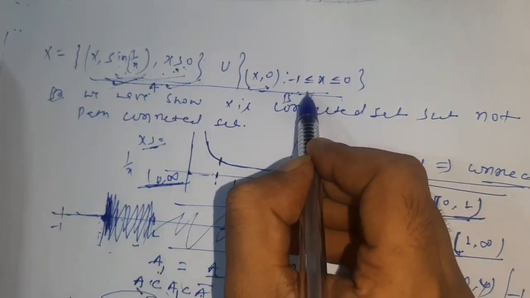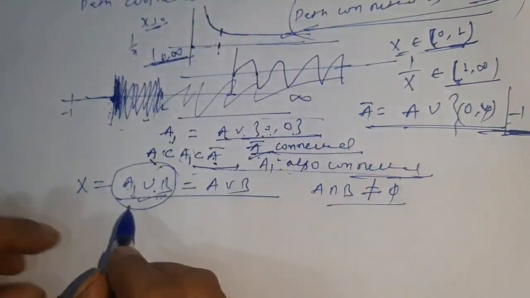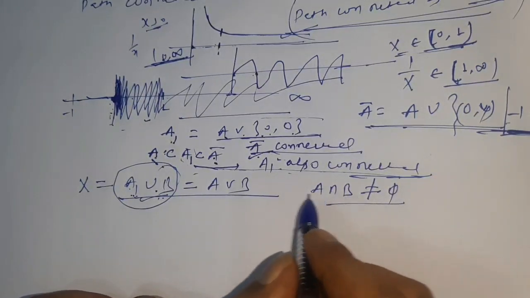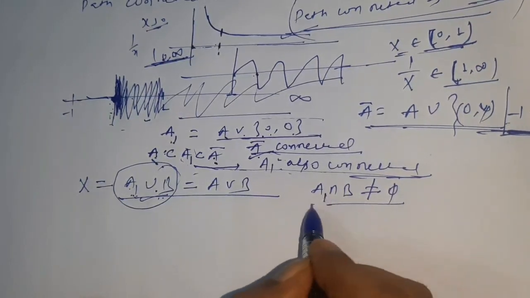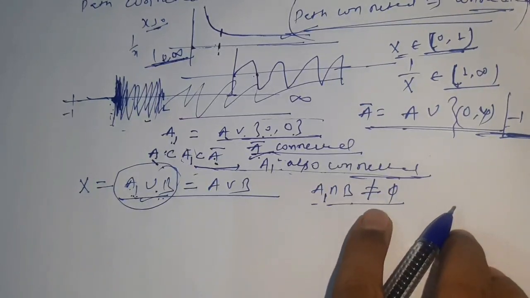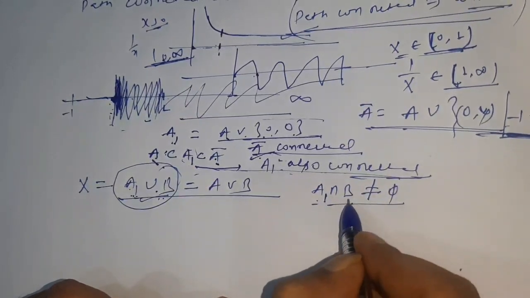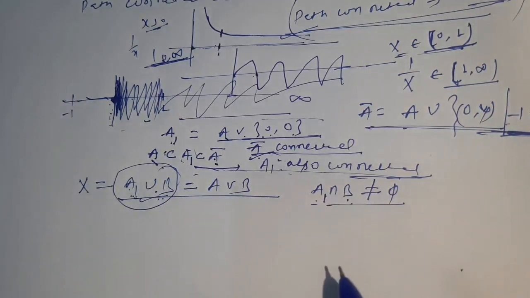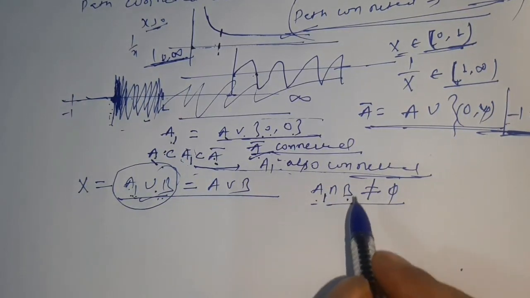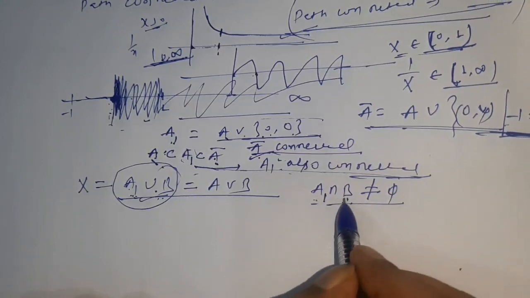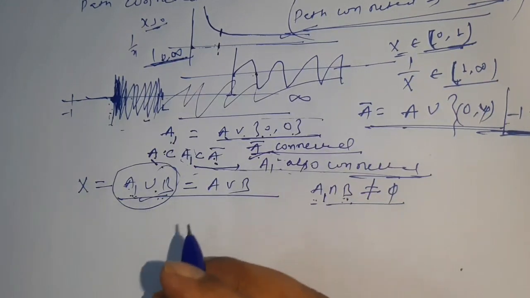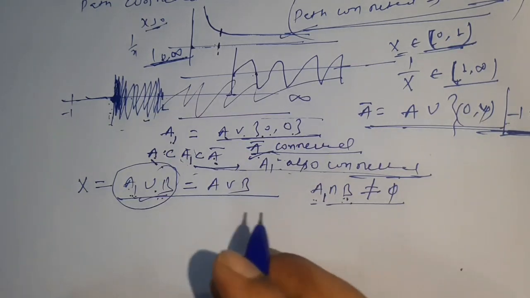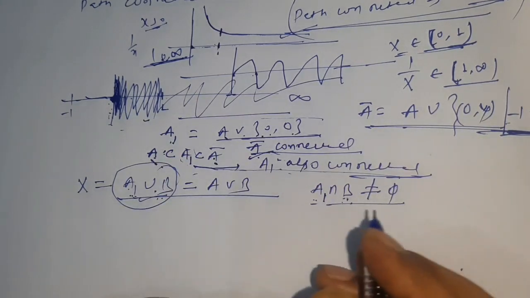So A1 intersection B is not equal to phi, and A1 is connected, B is connected. So we know the union of connected sets is connected if a point is common. Here (0, 0) is the common point, and we have already discussed that an arbitrary union of connected sets is connected if a point is common.